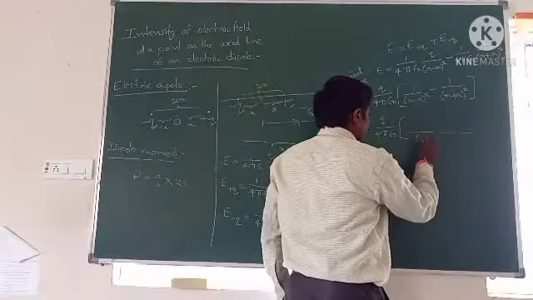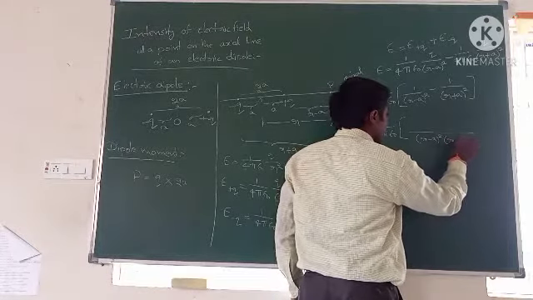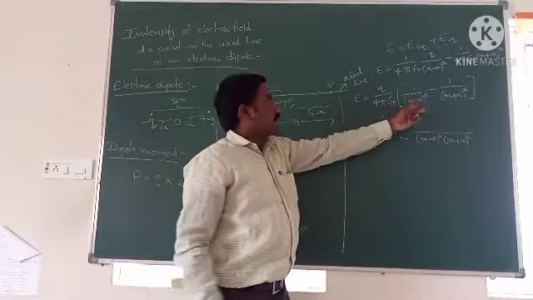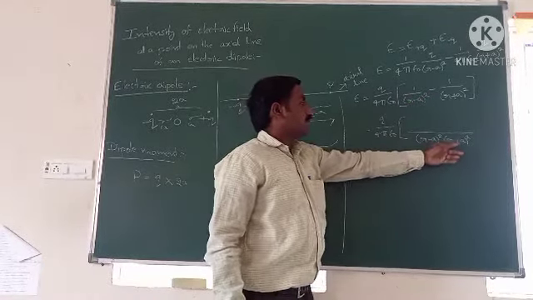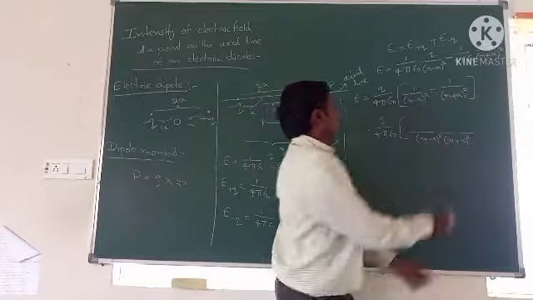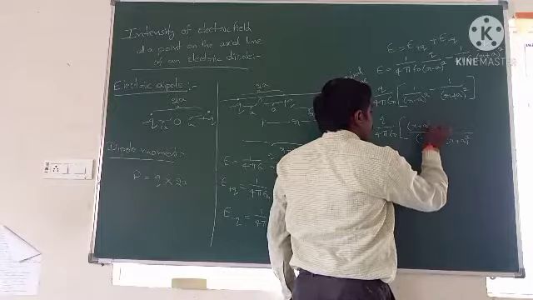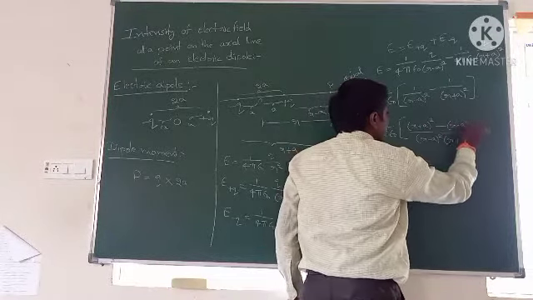That means (r minus a) whole square into (r plus a) whole square. And here 1 by (r minus a) whole square, here (r minus a) whole square into (r plus a) square. Then what do you get here? Here you get (r plus a) whole square minus (r minus a) whole square.